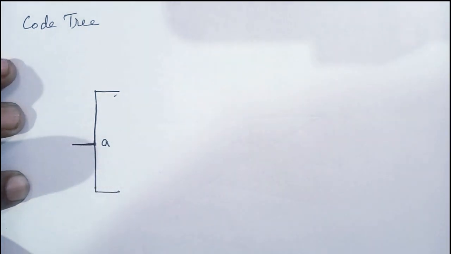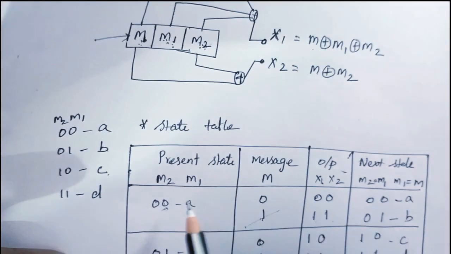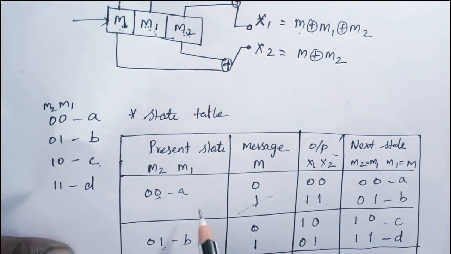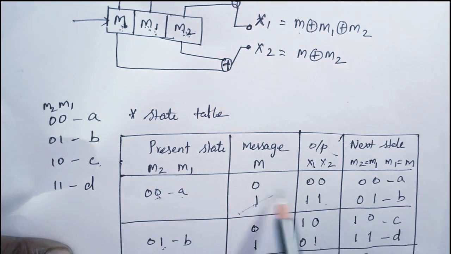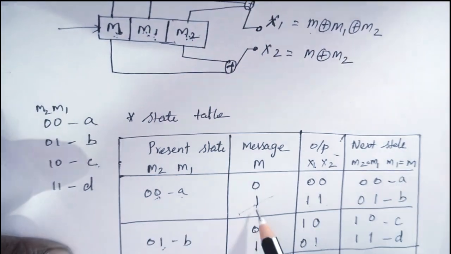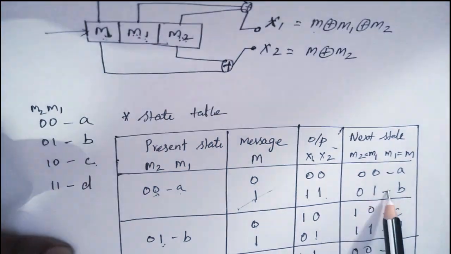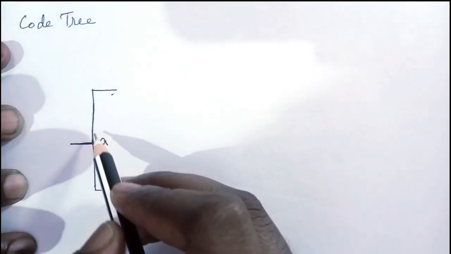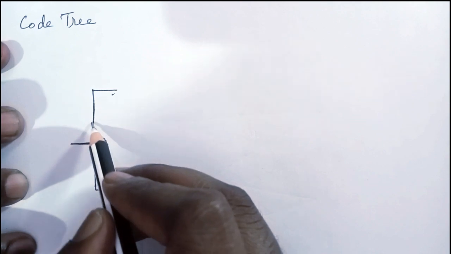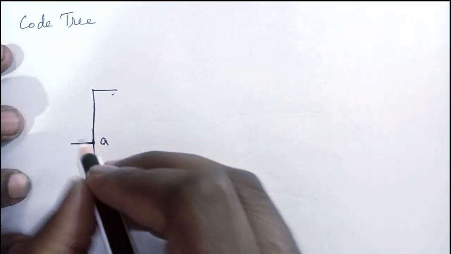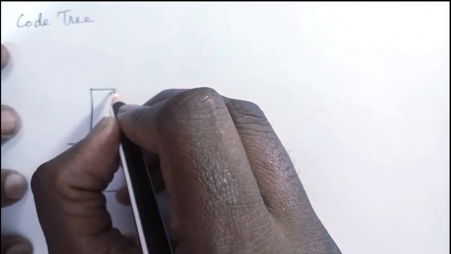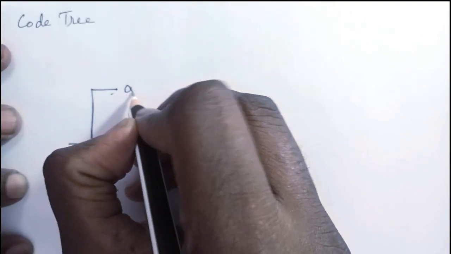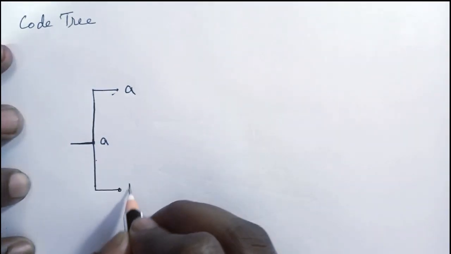From the table you know very well, if the current state is A and the input bit is 0, the next state is also A, and if it is 1, the next state is B. If it is 0 it takes the upper branch, 1 it takes the lower branch.